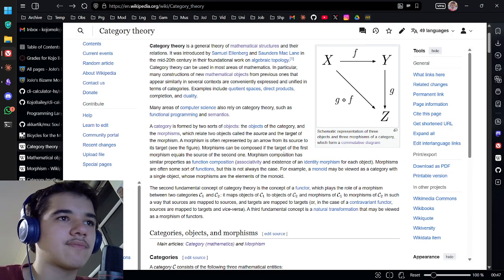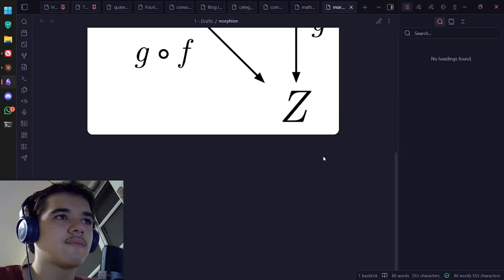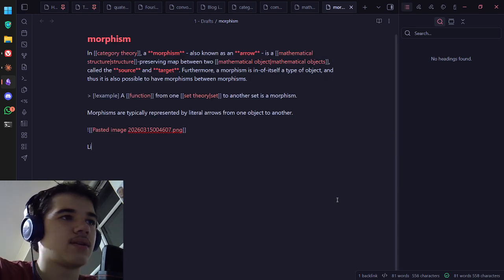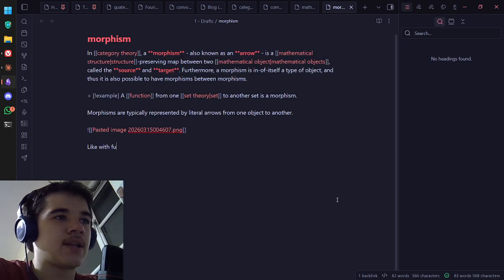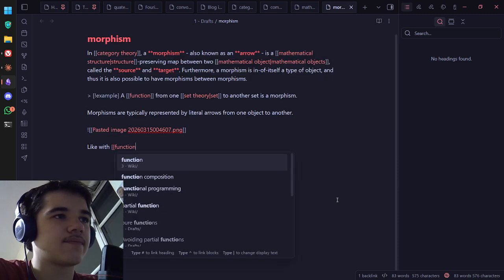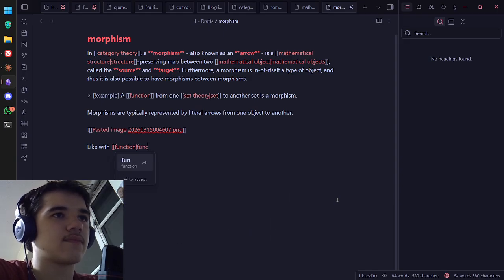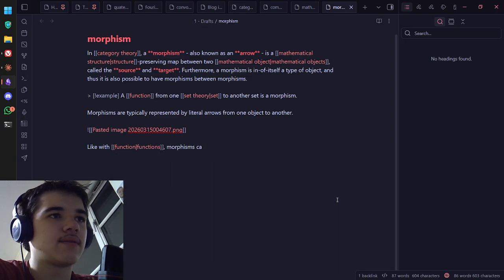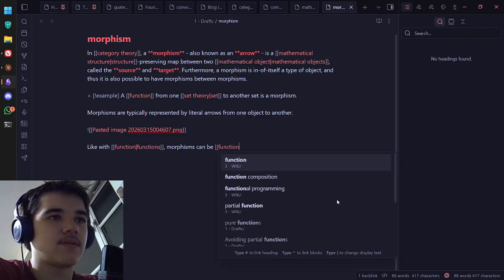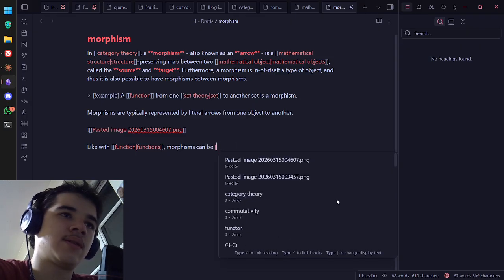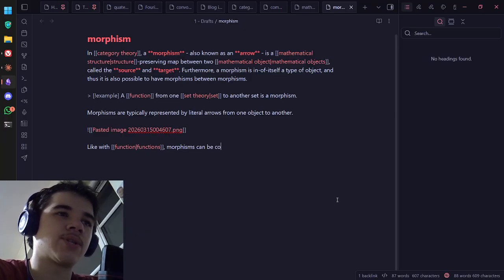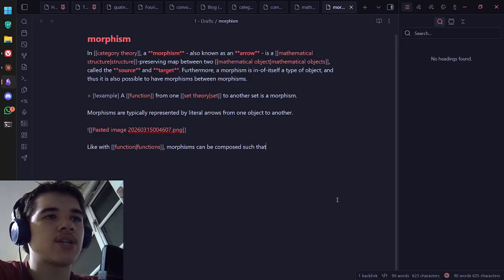Like with functions, morphisms can be... well, this is different from function composition.